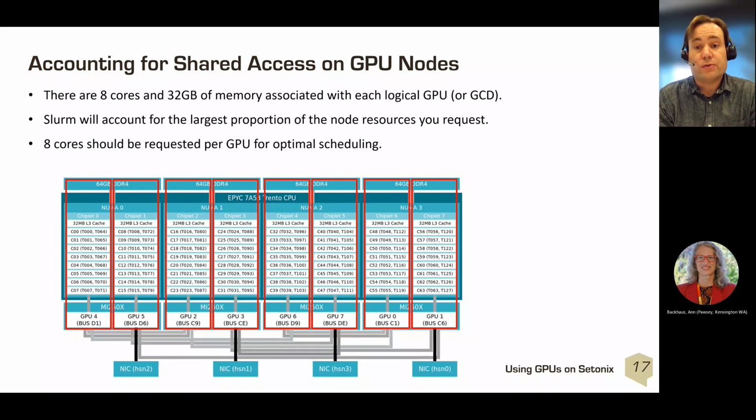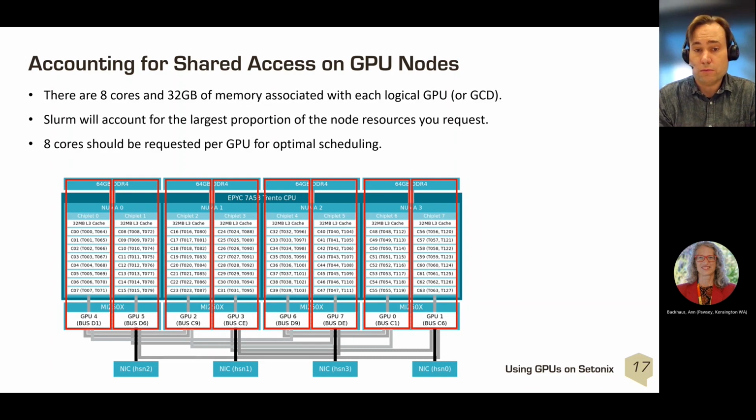So for shared access on the GPU nodes, there's 8 cores and 32 gigabytes of memory associated with each logical GPU or GCD. And so you can see there, we've highlighted those in those red boxes. And Slurm will account for the large proportion of the node resources you request in a similar way to our CPU nodes.